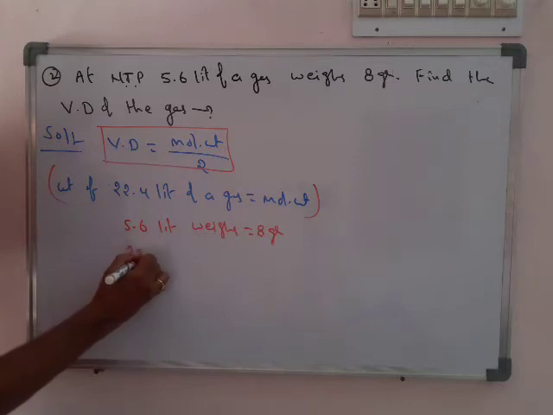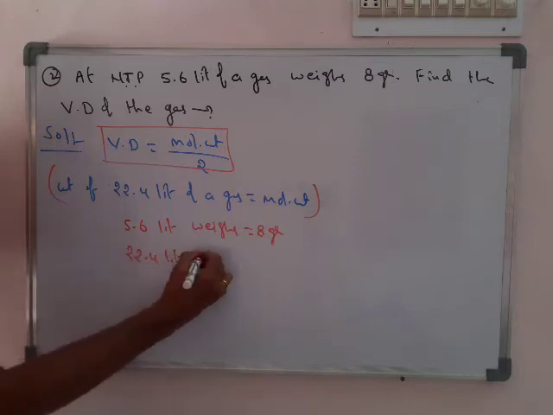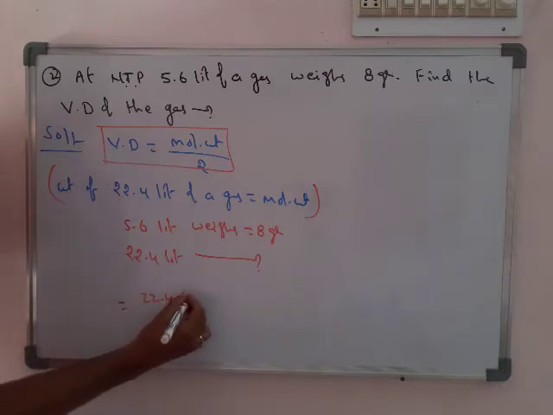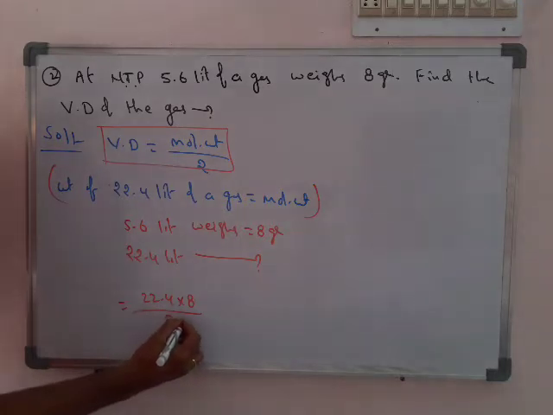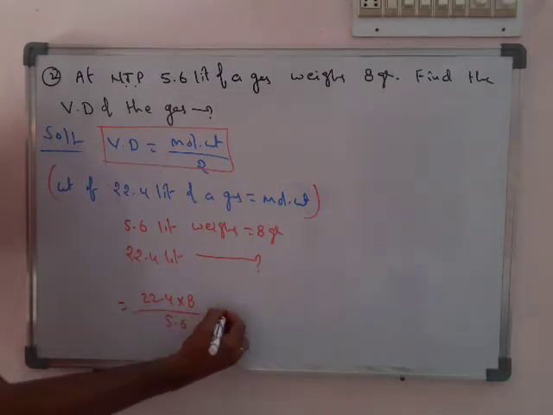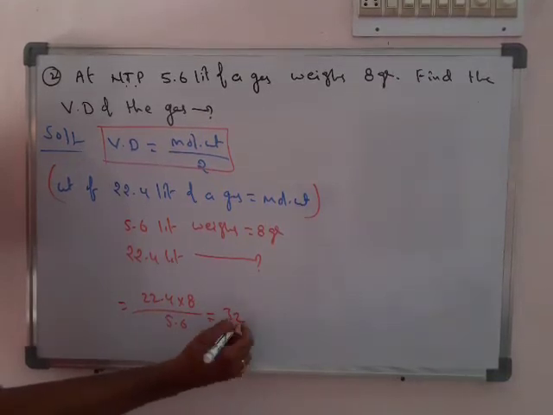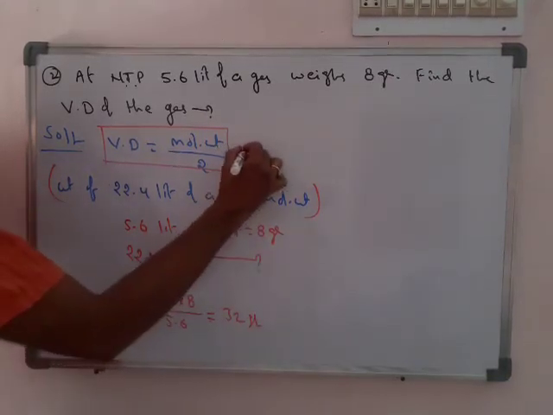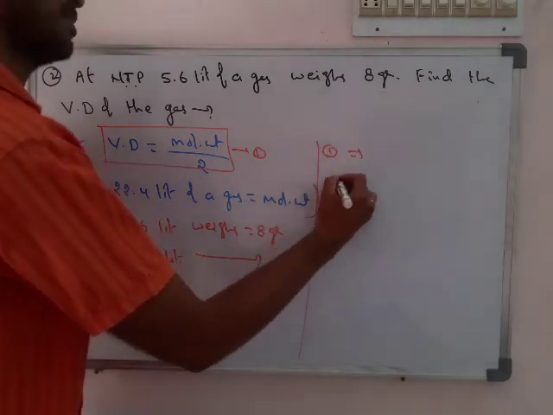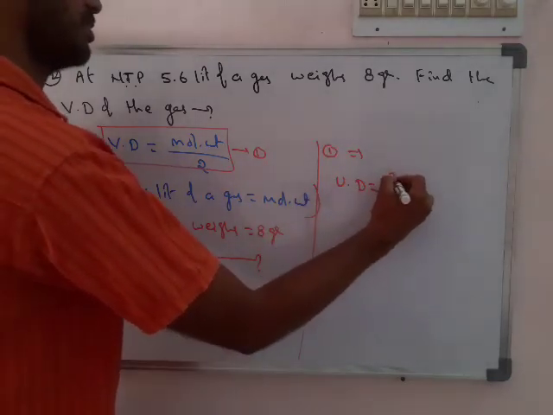We have to find out the weight of 22.4 liters. So that will be the molecular weight, approximately 32. So the molecular weight is 32 grams. Now substitute: what is the vapor density?